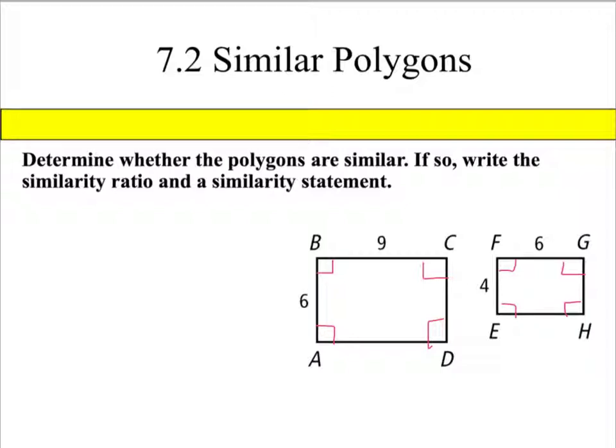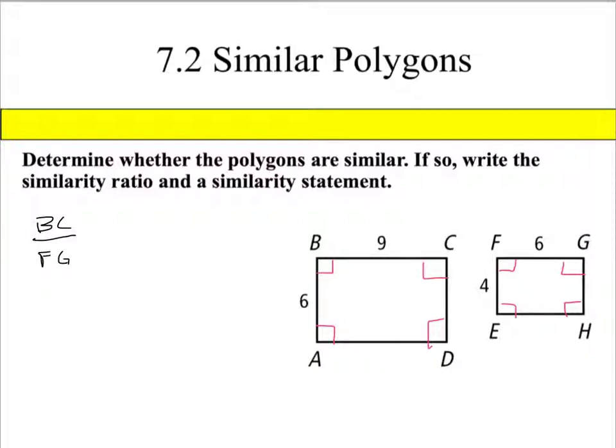And when we set up a similarity ratio, you have to get two segments. So I'm going to start here, and I know the measure of side BC. If I look at this side BC, I'm going to put it over the side that is going to be the corresponding side on the other one, which will be FG.